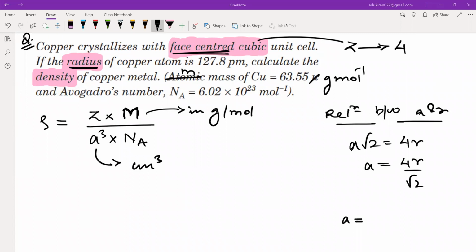You do it 0.8 into, then you raise the power.